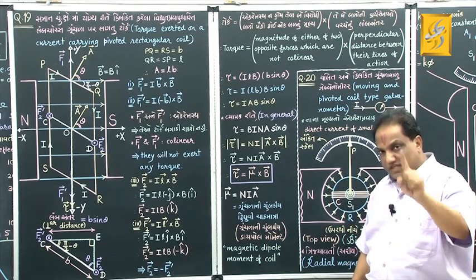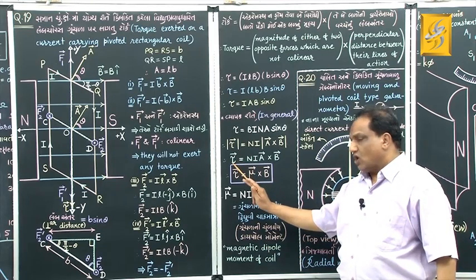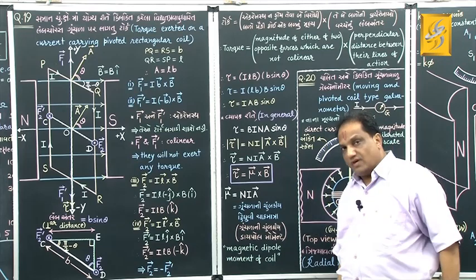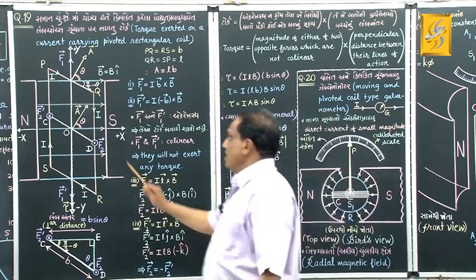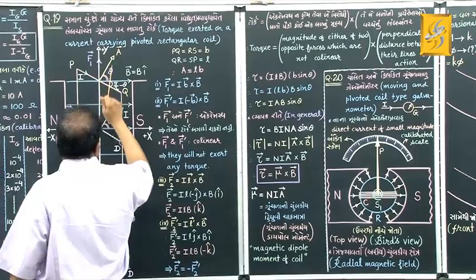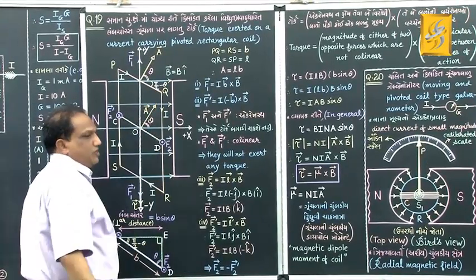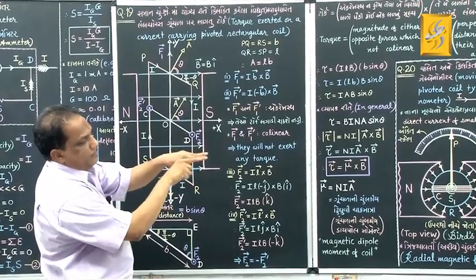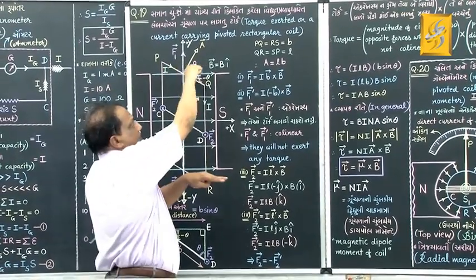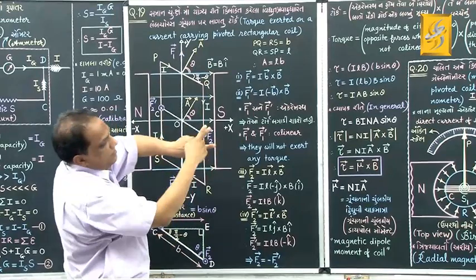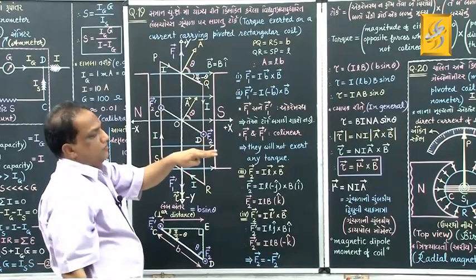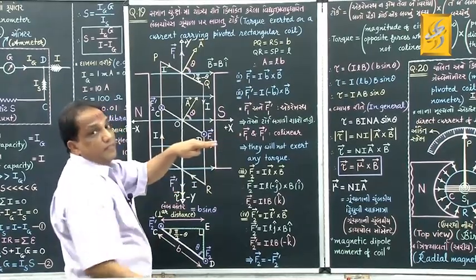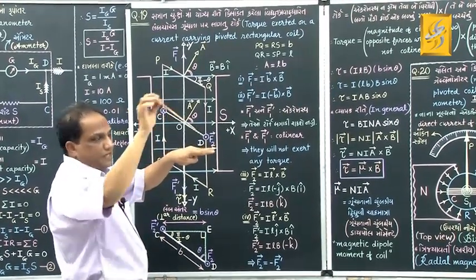But now if somebody is asking you what is the direction of this torque, it is in the direction of vector A cross vector B. Now let us find out the direction. Vector A is this way, vector B is this way. Situation is like this: this is vector B, magnetic field in this direction, correct? Vector A is like this. Think of a plane passing through vector A and vector B, it will be this plane. Think of a perpendicular right-handed screw.